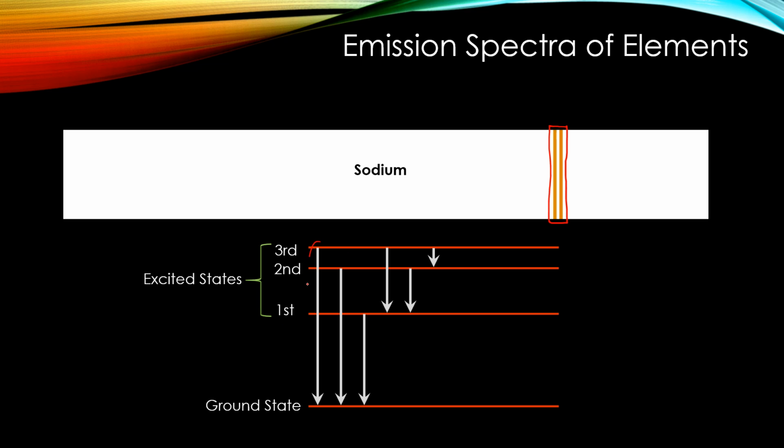It might be from the third down to the ground state, or the second down to the ground state, or whatever. But basically, there's only two ways that one electron in sodium emits a photon of light to go from a more excited state down to a lower energy level state.